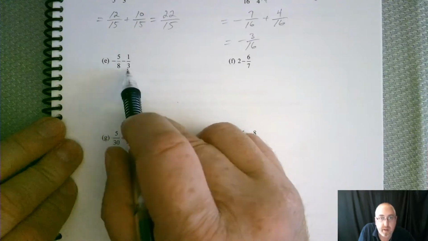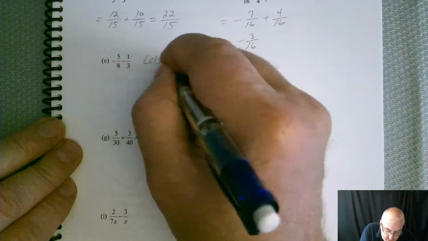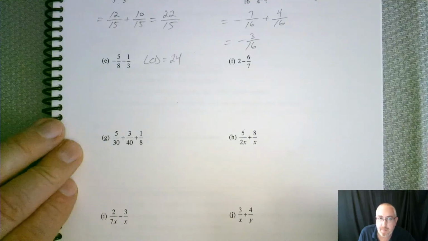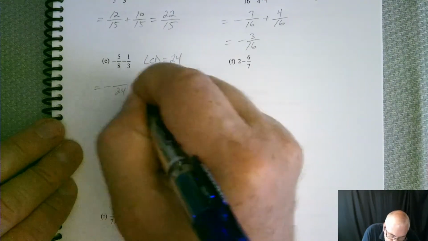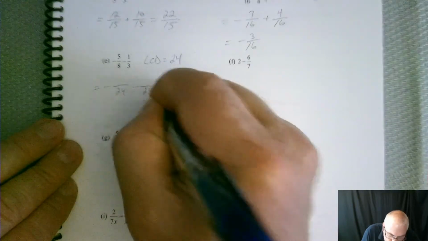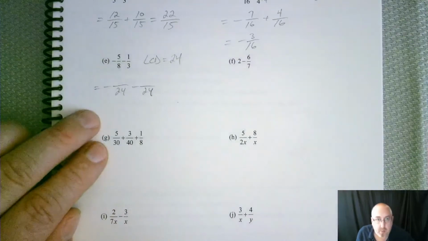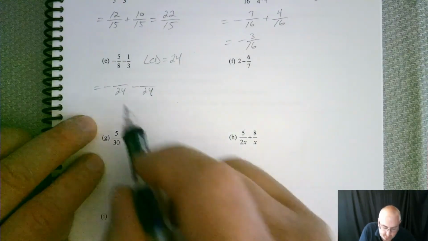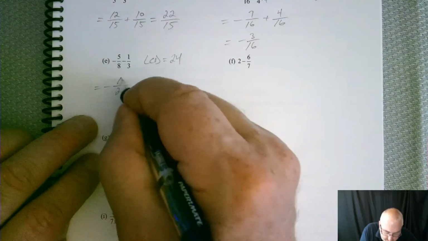8 and 3. Ooh. LCD 24, right? Can't find anything smaller than that. So let's change them to 24s. Try not to snap your lead. All right, what's our new numerators? First one has to get multiplied by 3. So 15, right?